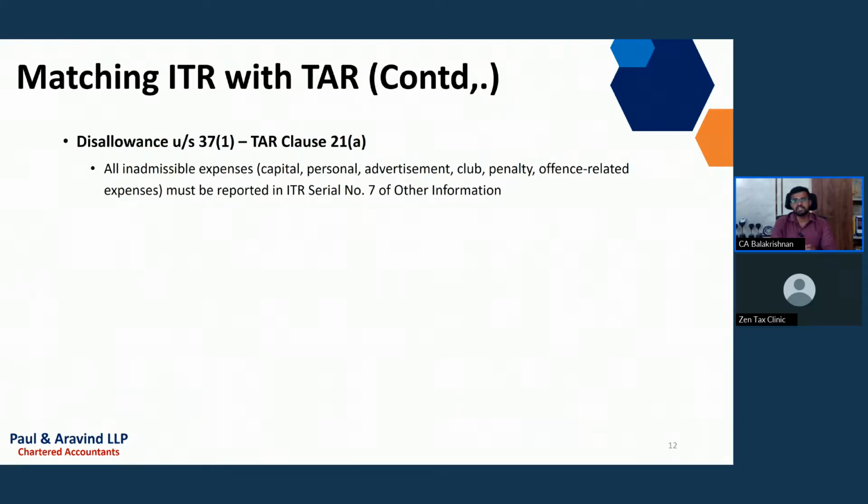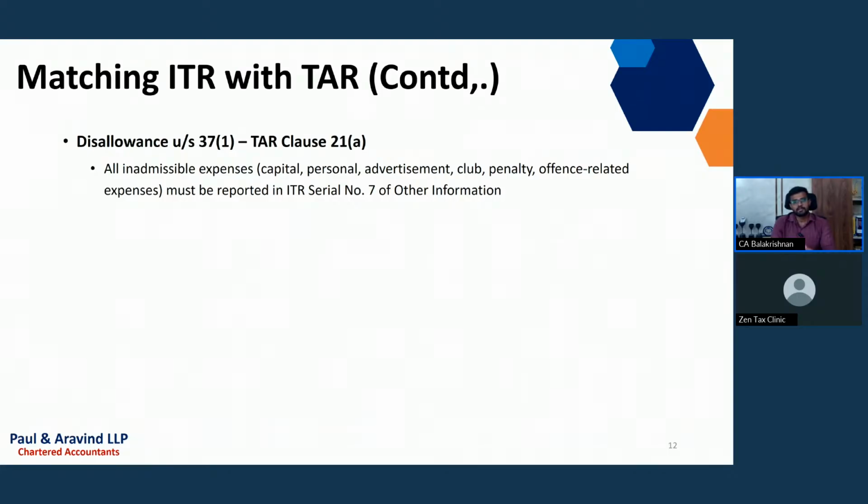And if any penalty has been levied for violating the law or for an offense, then all of these must be reported in the tax audit report. Also, this needs to be reported in ITR 7, serial number 7 of Other Information, because the ITR has more columns to report all disallowances.